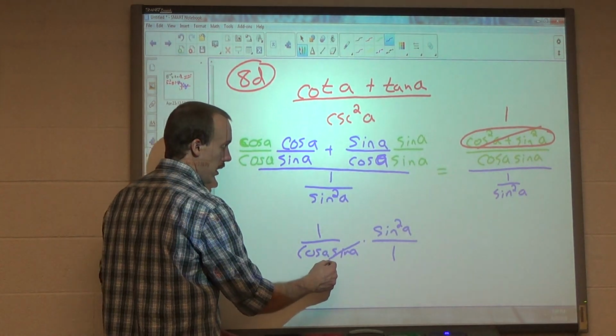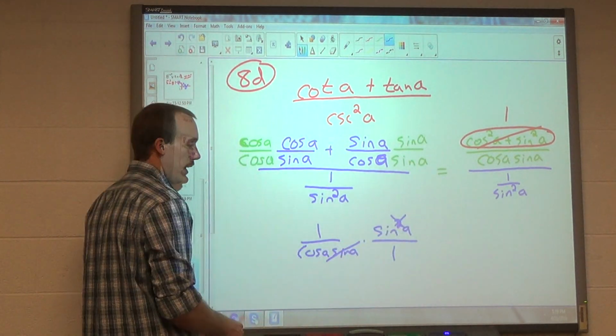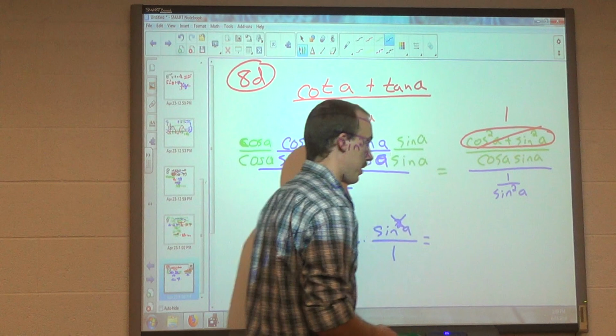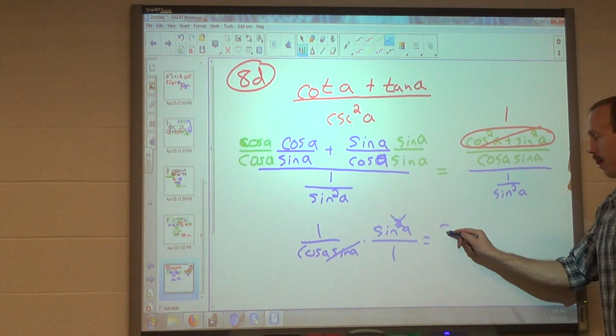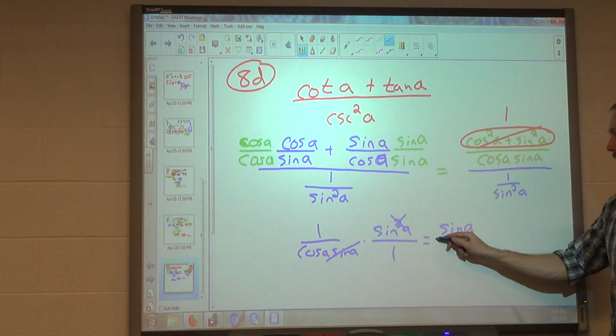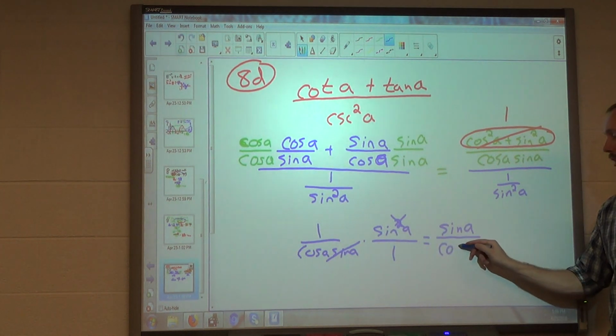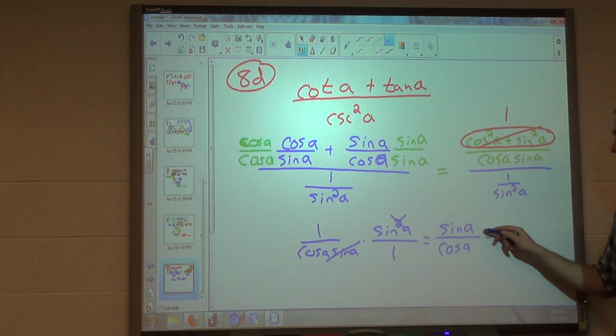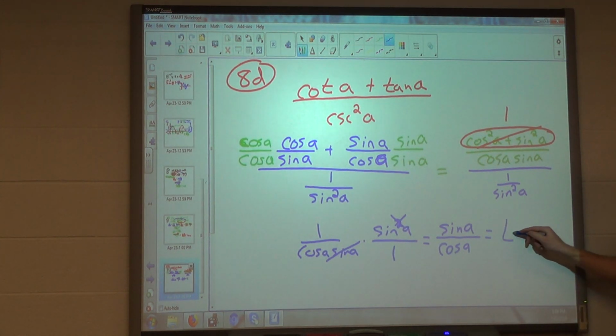Sine A here, cross off 1 sine A there, and I'm left with sine A over cosine of A. What's sine over cosine turn into? Tangent, yep, so then I have the tangent of A, and that's my answer.